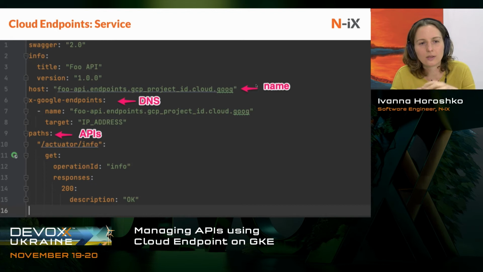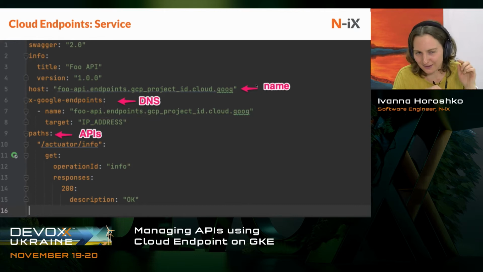Next, on line 6, there is the configuration of DNS. As I said previously, it's optional, so you do not have to use it. It includes two attributes, name and target. It might be a bit confusing, but the name in this DNS configuration is the same as the host. You can change it, so you can use your own. If you have an SSL certificate or domain, you can use your own.